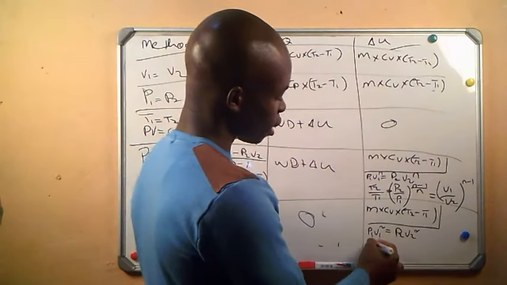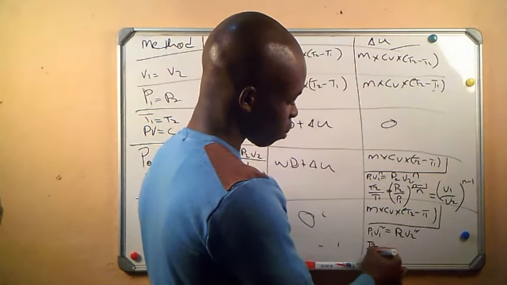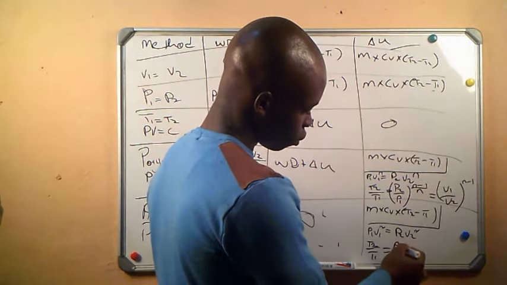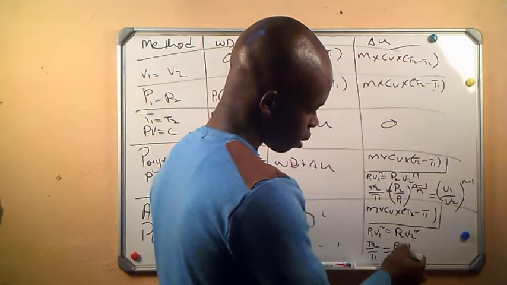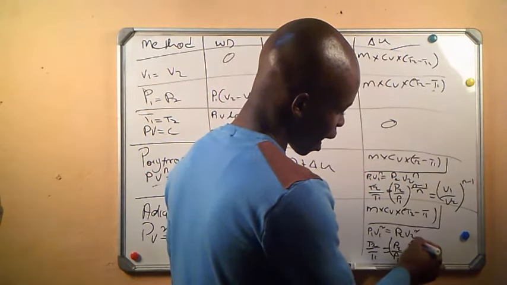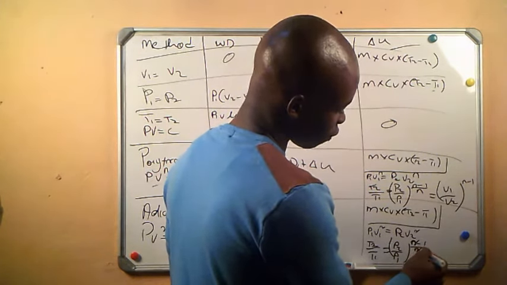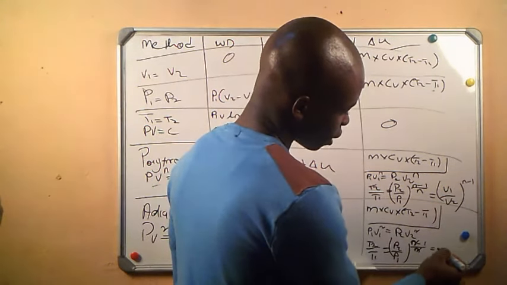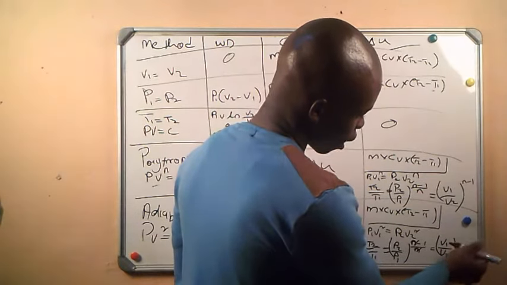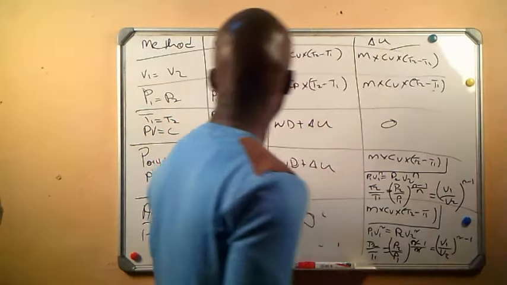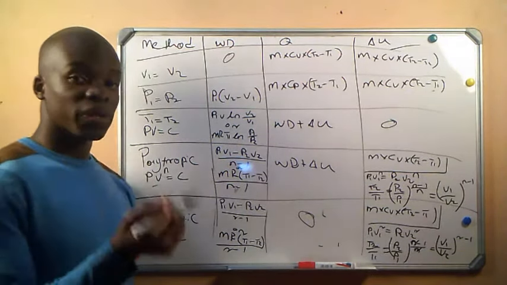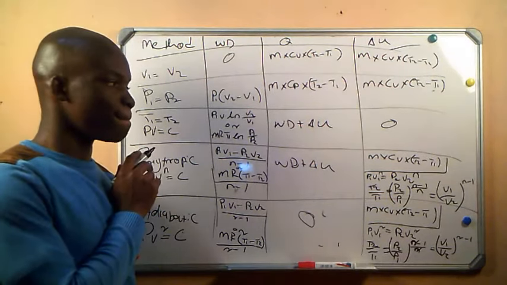And then we have another that says T2 divided by T1 is equal to P2 divided by P1 exponent (R minus 1) divided by R, sorry, it's R, not n. That is equal to V1 divided by V2 exponent R minus 1.